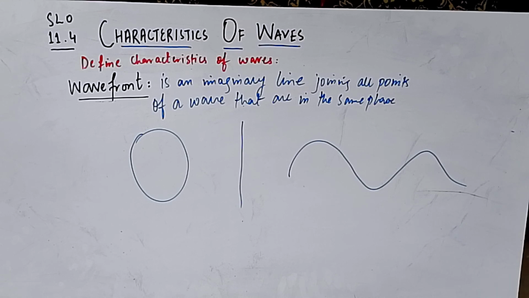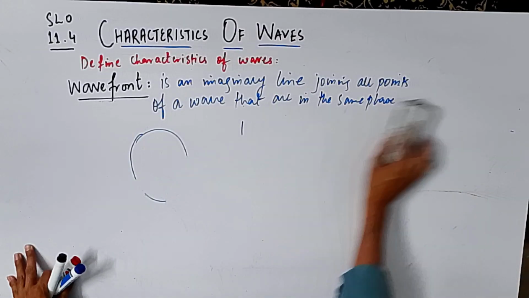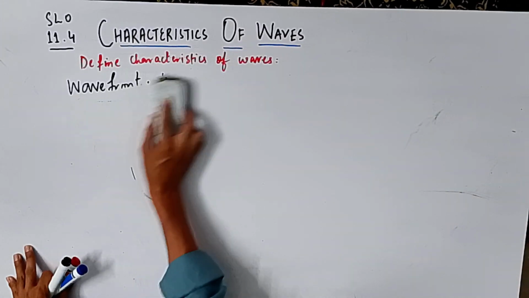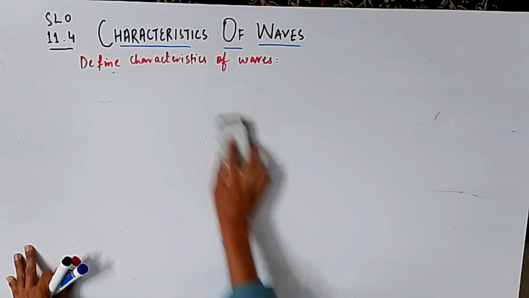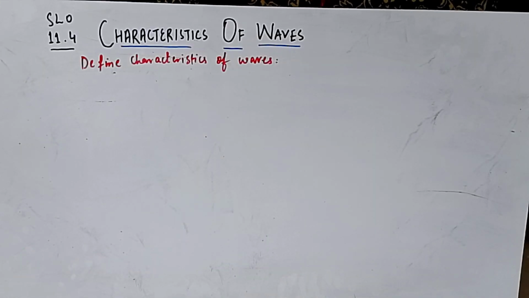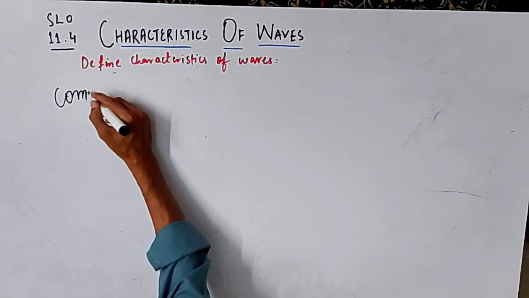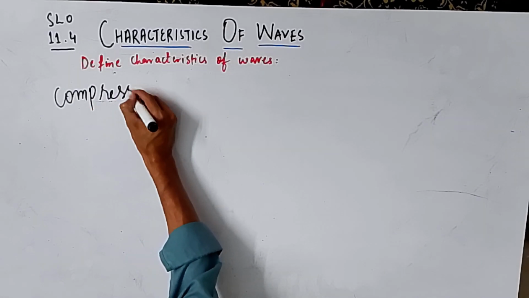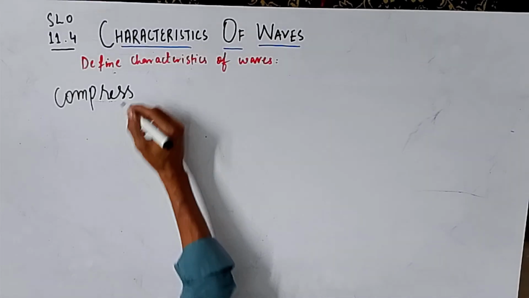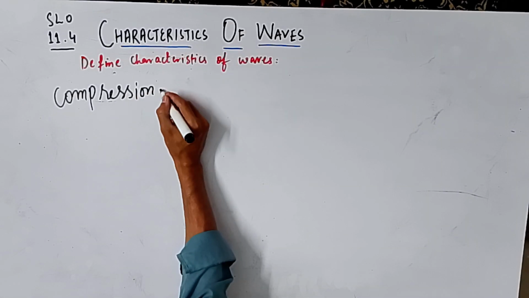Now there are some other characteristics of the wave that we need to discuss, and they all are also very easy. The next one is compression. Compression is the region of a longitudinal wave. It is not present in the transverse wave, it is present in longitudinal waves.